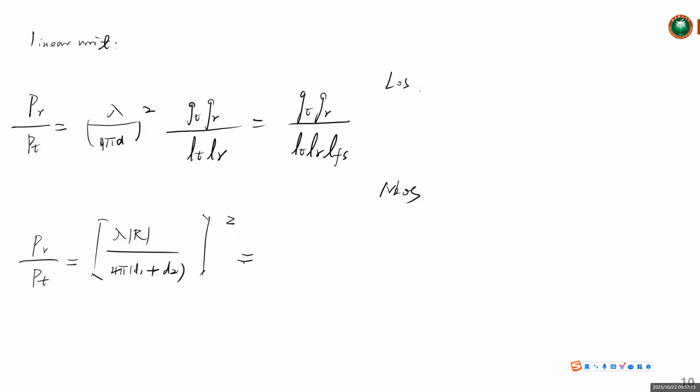And finally, it can be related to, at the transmitter side, 1 over 4 pi d1 squared, times the bistatic radar cross section, times at the receiver side 1 over 4 pi d2 squared, times GR over LR, and there is also another term related to the square.